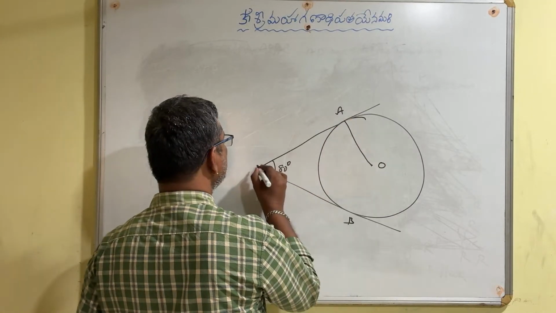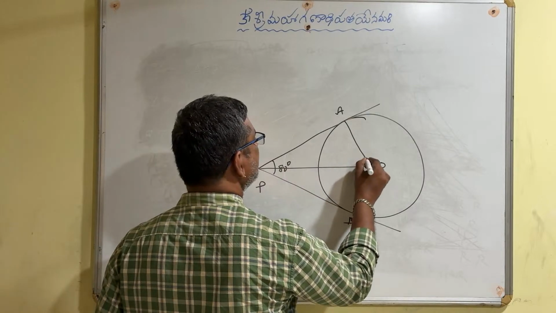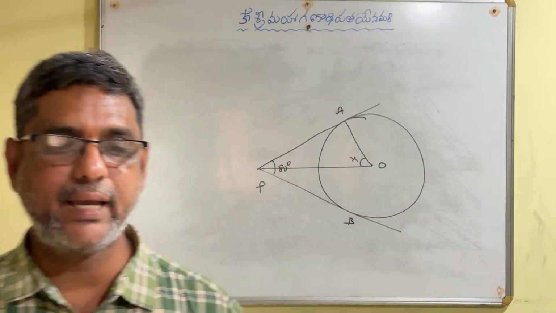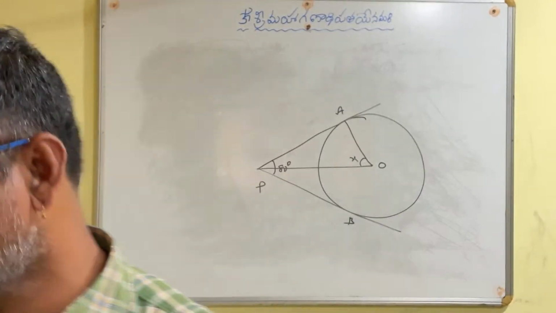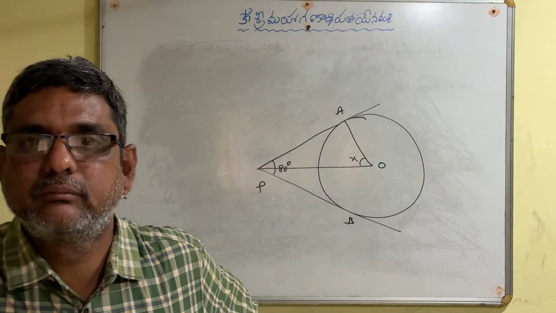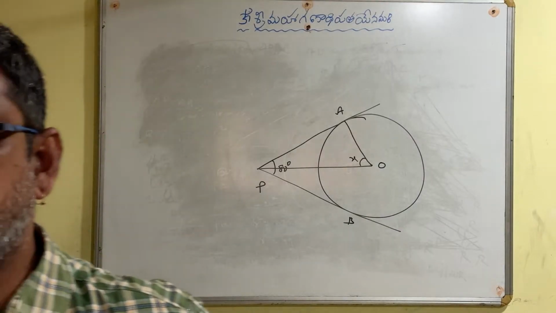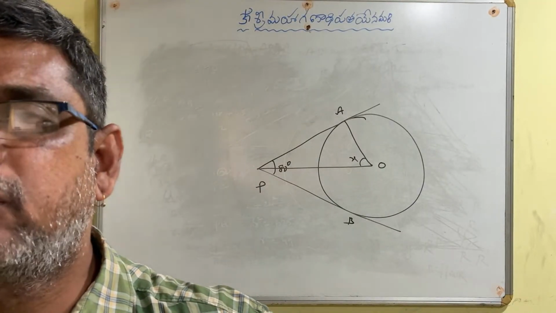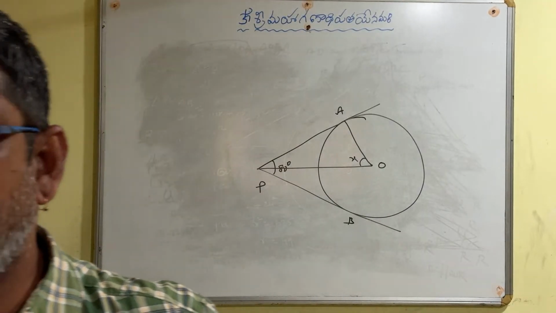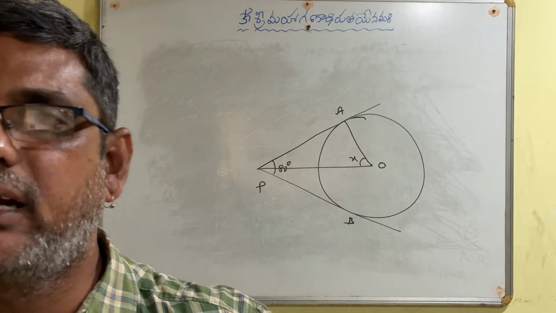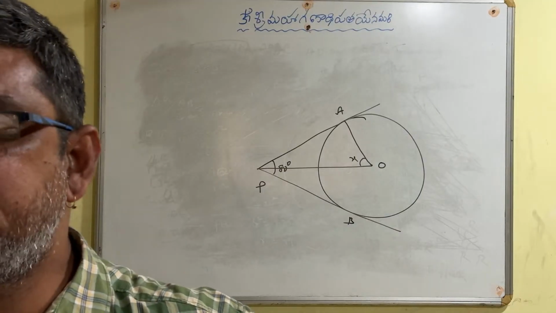POA means this one. What is angle POA, children, and what is the reason? Vanshika says 50 degrees. You are right.